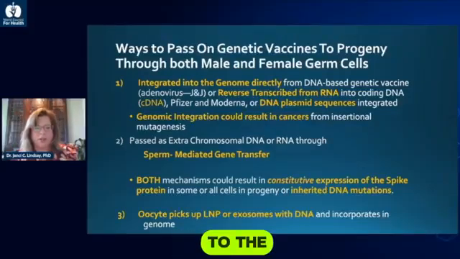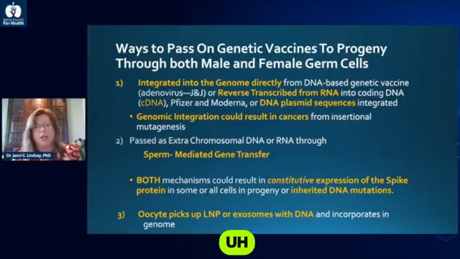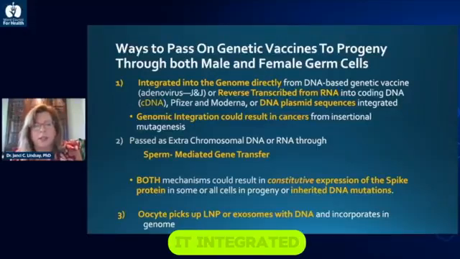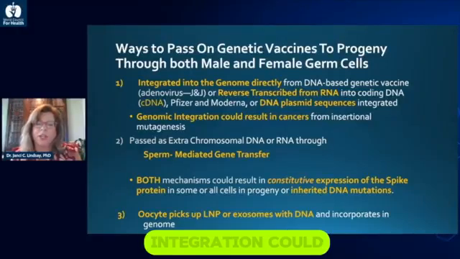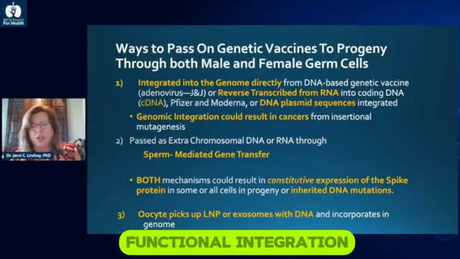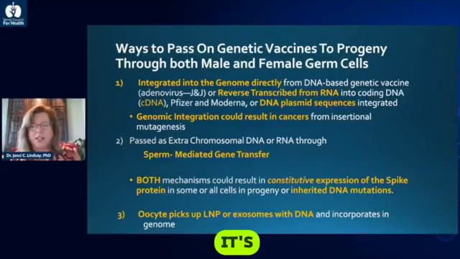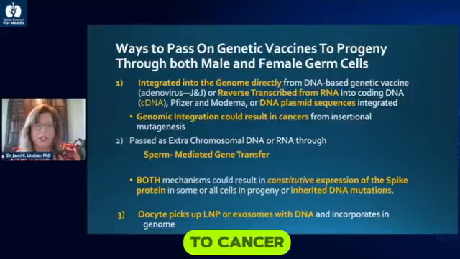We know that these go to the testes and ovaries, and we know that they can be taken up there and integrated into the gametes. Genomic integration could result in cancers rather than just functional integration. In fact, it's unlikely that we will have functional integration into the genome creating a spike protein, but more likely that you'll have insertional mutagenesis leading to cancer.